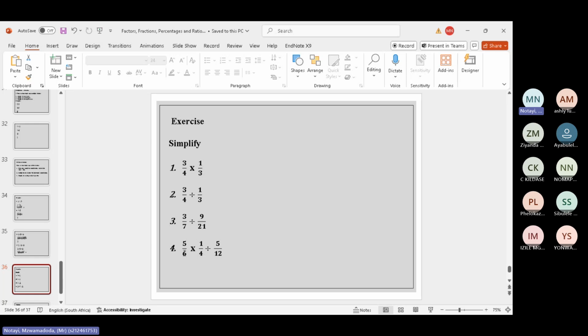Number 4, 5 divided by 6 multiplied by 1 over 4 divided by 5 over 3. Please work those out and again share your answers in the chat section.